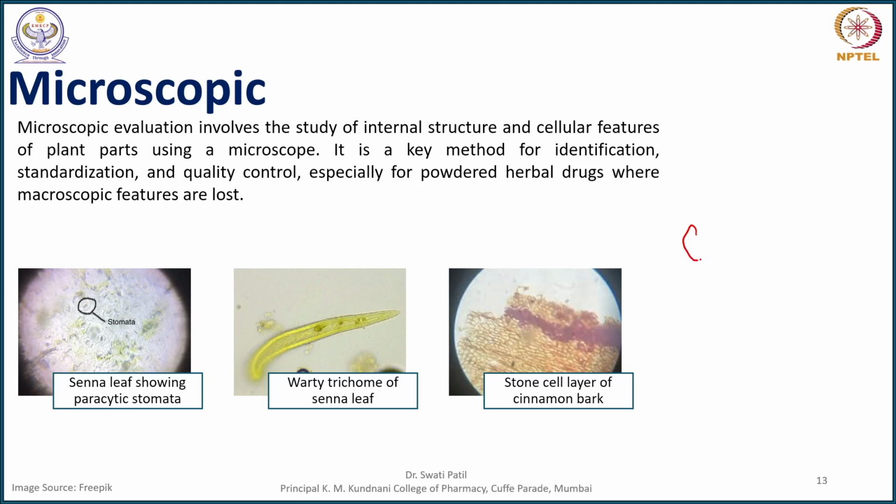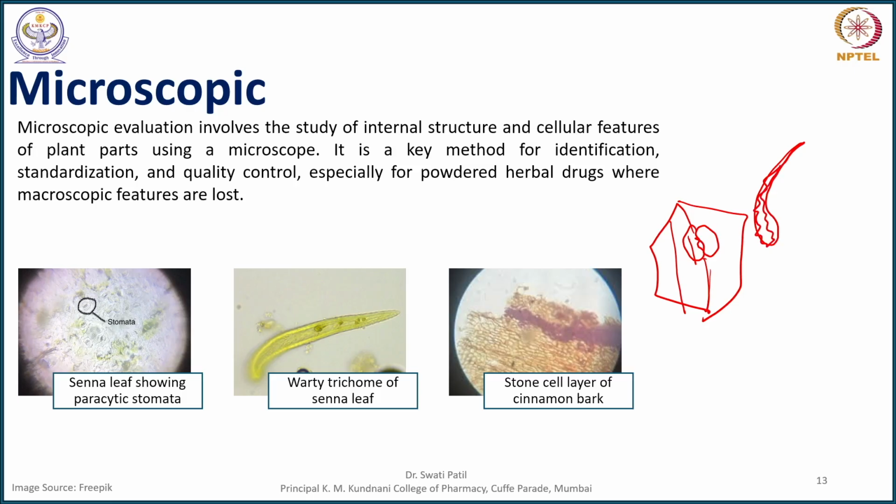So, if this is the guard cell, the epidermal cell in case of senna appears like this. So, this axis and this axis are parallel. We can also see a warty trichome in case of senna. So, this is a unicellular trichome where the cell wall has warty thickenings.